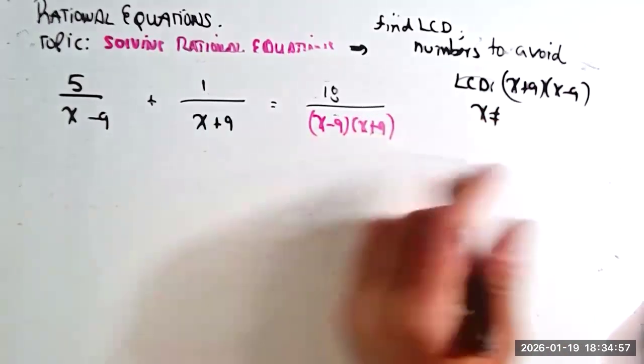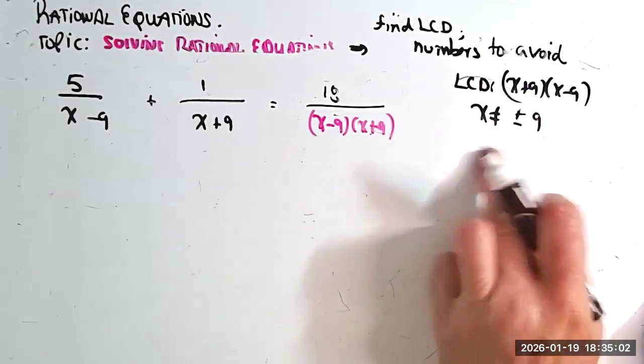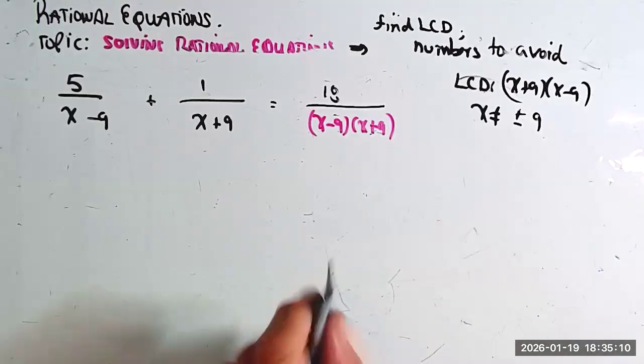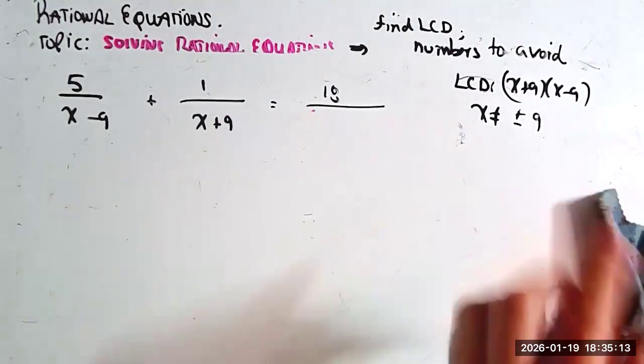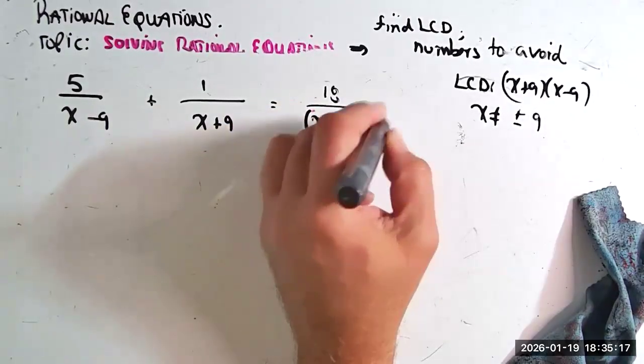And of course, x cannot be negative 9 or positive 9. So I'm going to write it like this. As always, we multiply by the least common denominator everywhere. Let me rewrite this in black ink. x minus 9, x plus 9.